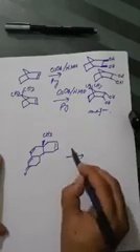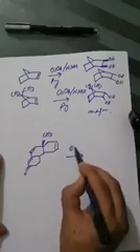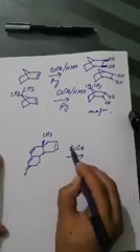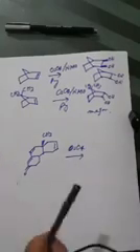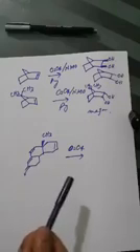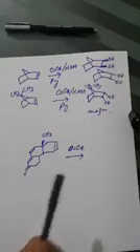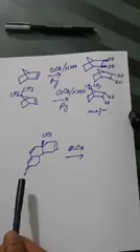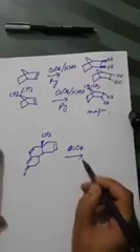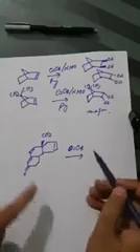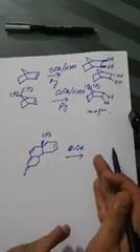I have this starting compound, and you have been asked to do the dihydroxylation using this osmium tetroxide, and what would be the major product. This is an example of regioselectivity.